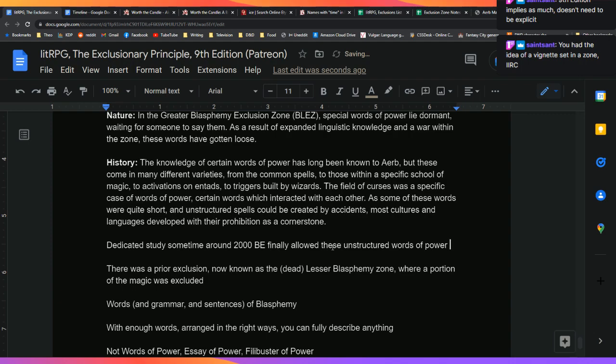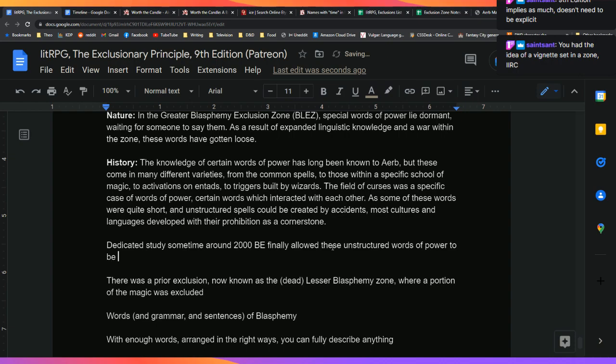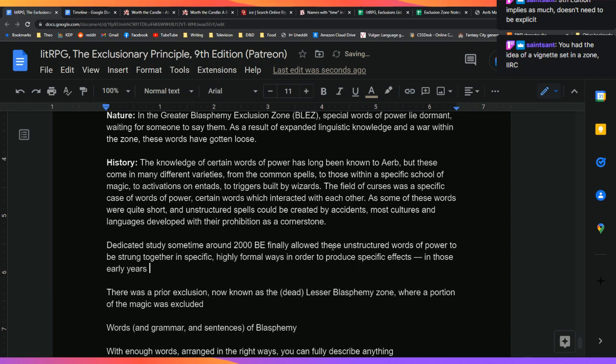Not these unstructured words of power. I gotta stop using specific effects. I almost deleted it, but then I didn't.